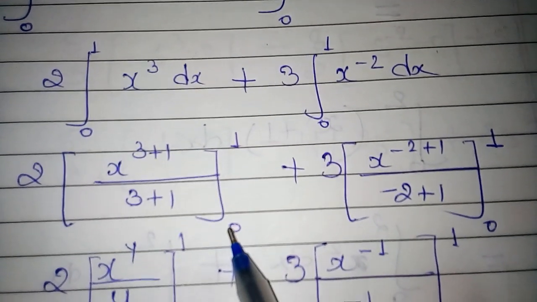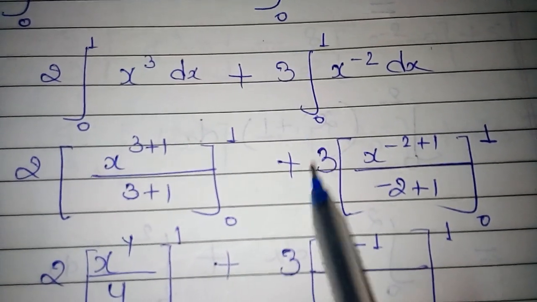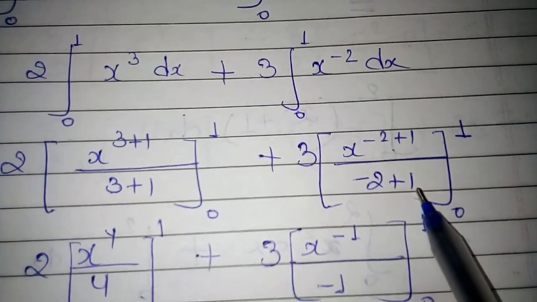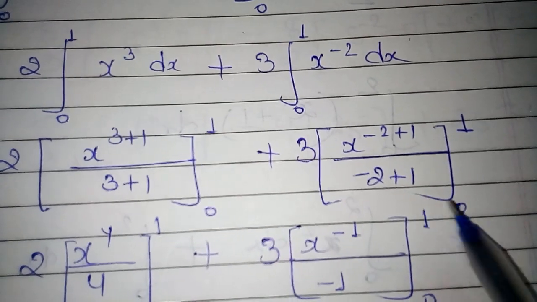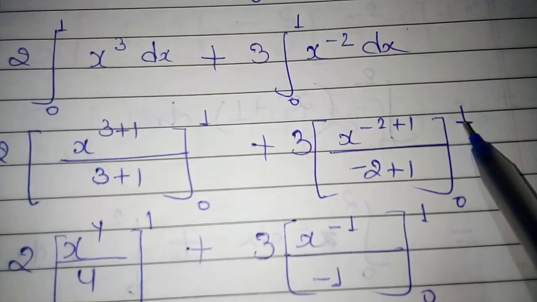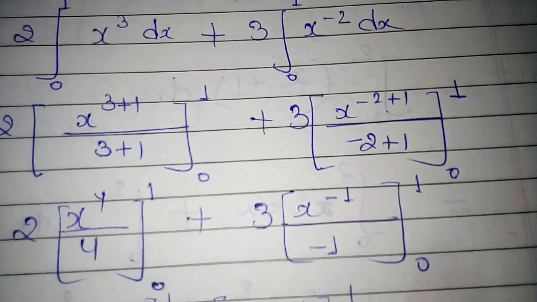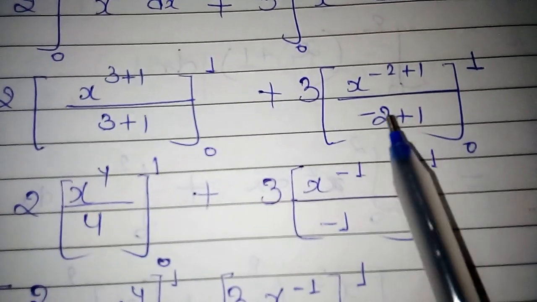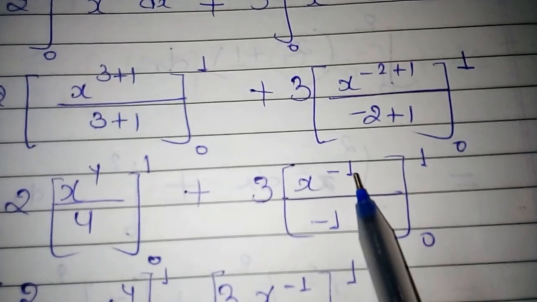What is the limit here? 0 to 1. Plus 3 times x raised to power minus 2 plus 1 upon minus 2 plus 1, and the limit here is 0 to 1. Now in the next line, 3 plus 1 means 4, and minus 2 plus 1 is minus 1.